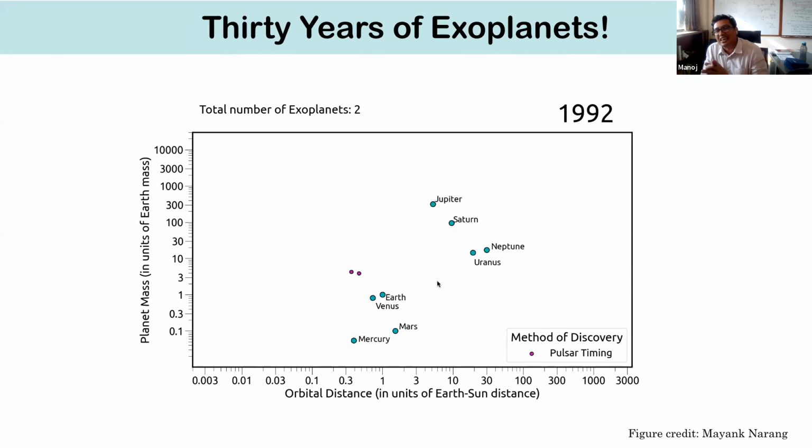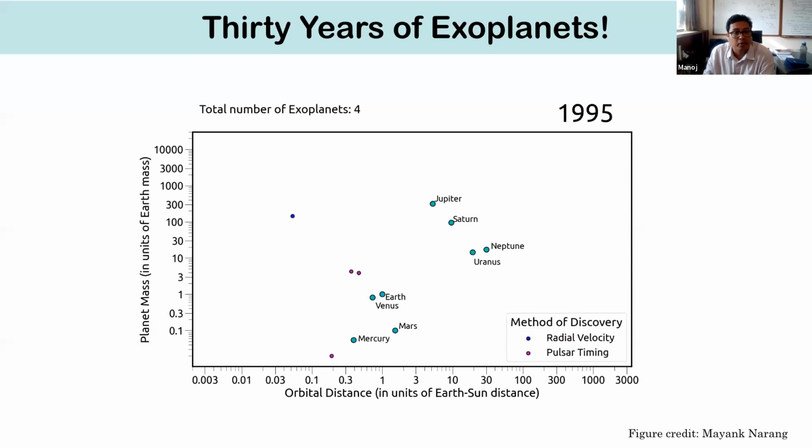These were discovered not around a sun-like main sequence star, but around a dead star called a pulsar, and these were the first exoplanets discovered. But it was in 1995 that the first planet around a sun-like normal main sequence star, which burns hydrogen, was discovered.